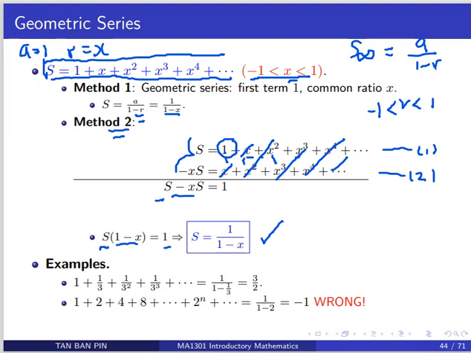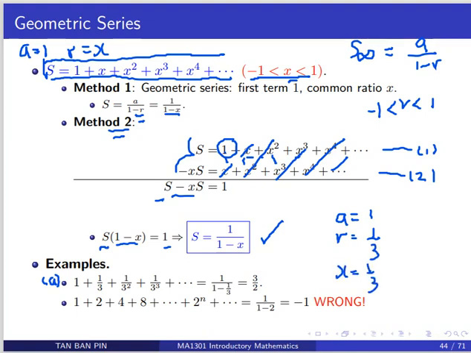Let's try to put in some numbers and see what result you get. Let's go to the first example, which I call example A: 1 plus 1/3 plus 1/3 squared, 1/3 cubed, and so on. Here a is actually 1, and r is 1/3. Or you can take it as x is 1/3.